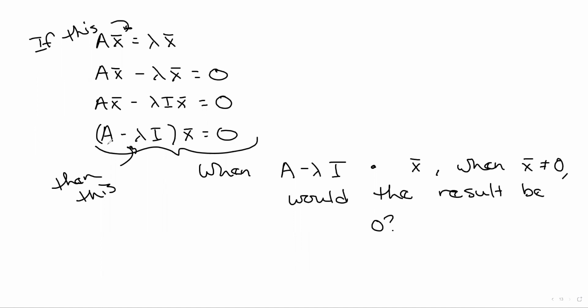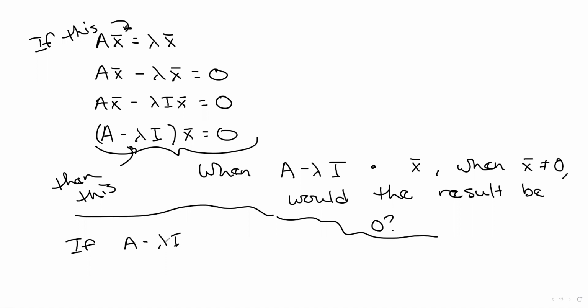Well, the answer to that is going to seem like it comes out of nowhere. So if A minus lambda I were invertible, then what would happen?